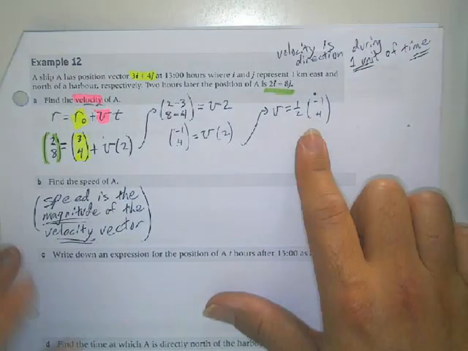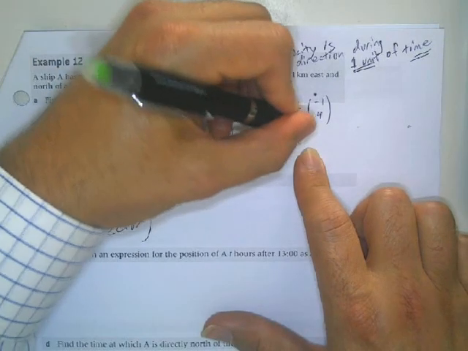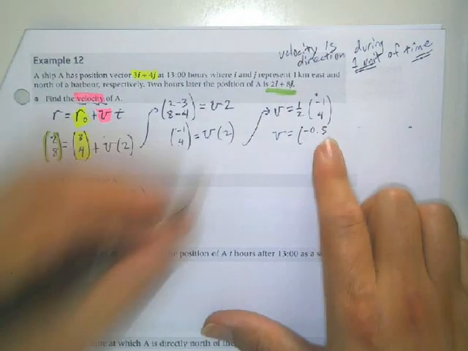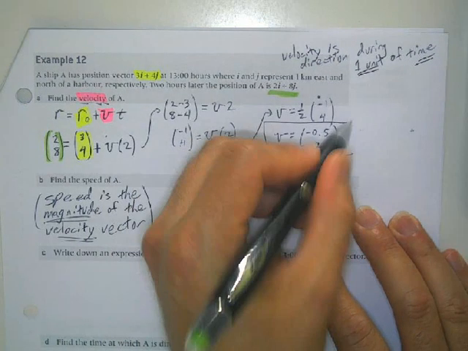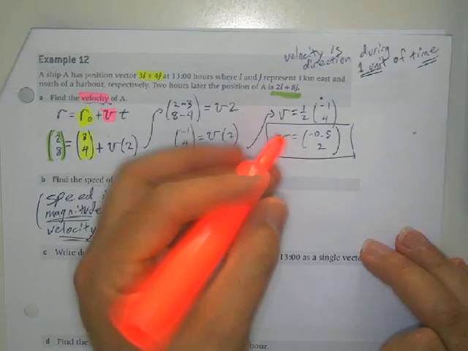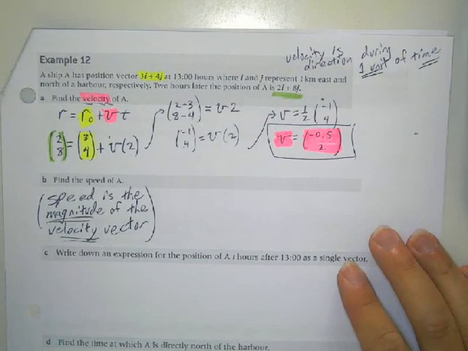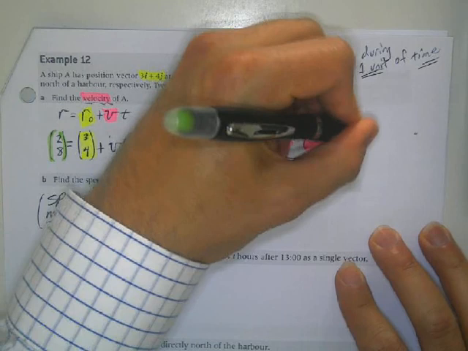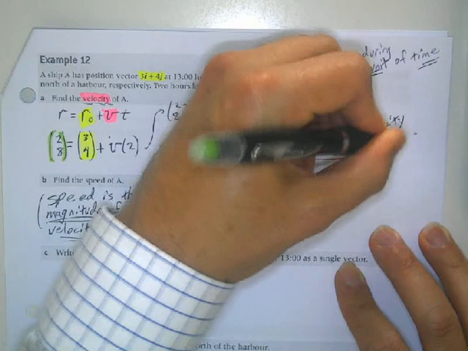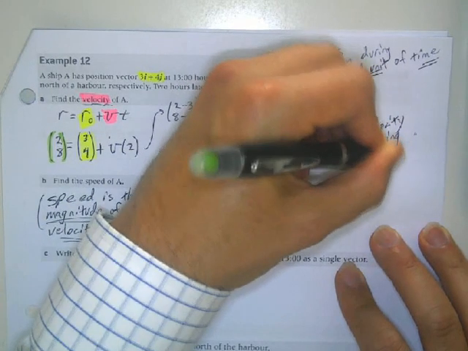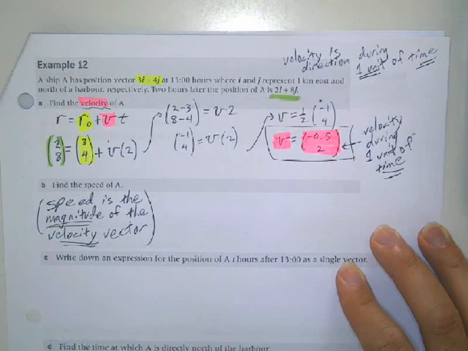So 1/2 times that, I'm going to get negative 0.5, and 1/2 times 4 is going to give me 2. And this is my velocity vector. So this is the velocity during 1 unit of time.